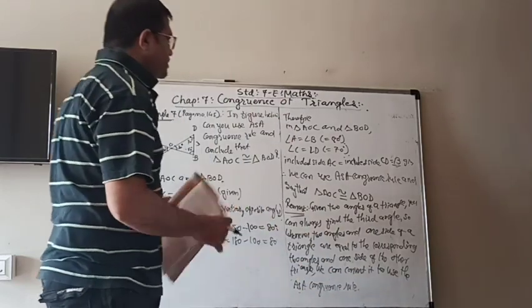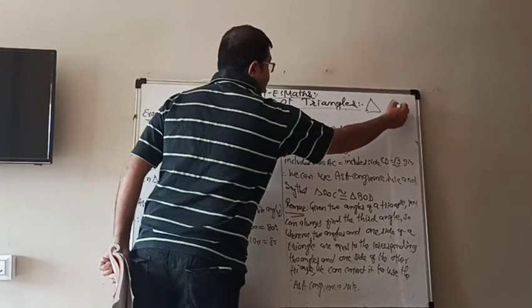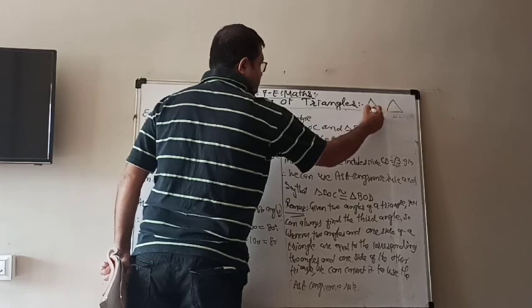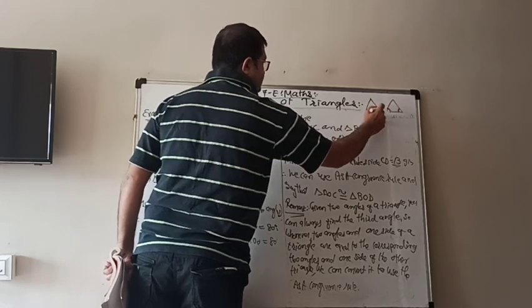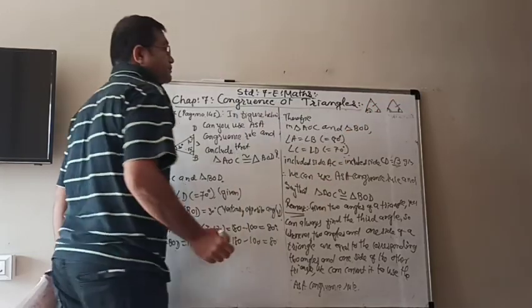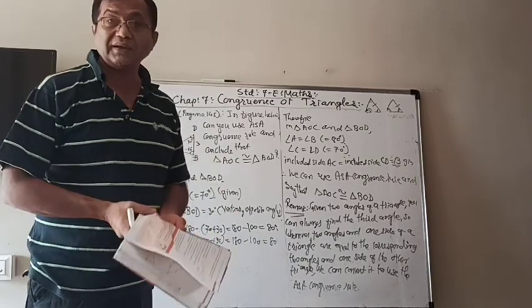It means that suppose two triangles are given, two angles are given congruent, but the side is not the included side, this side is given. Then also we can use the congruence rule. Why?